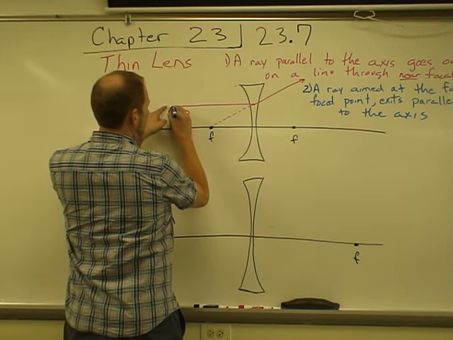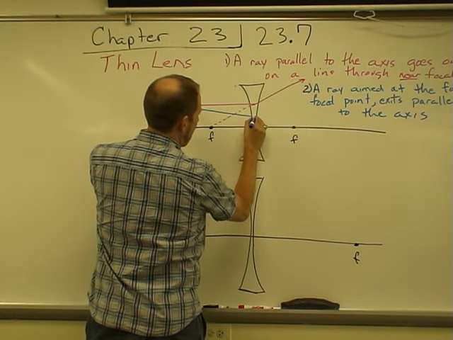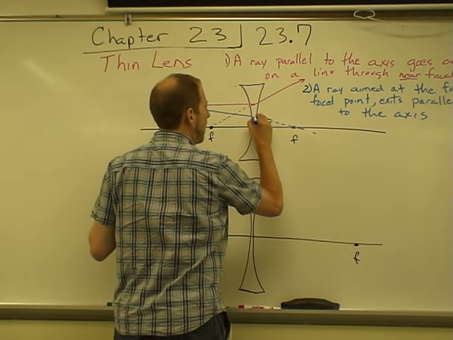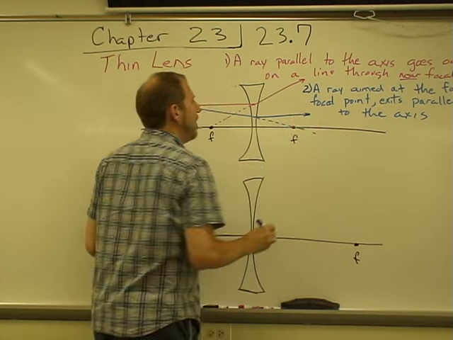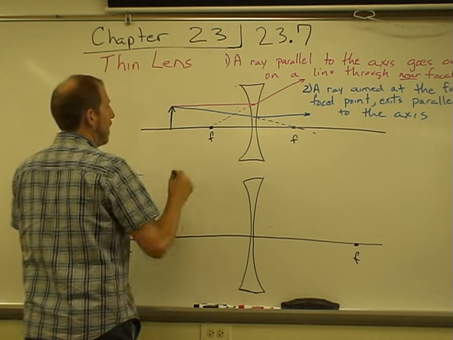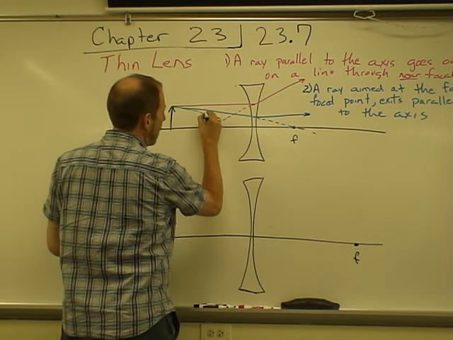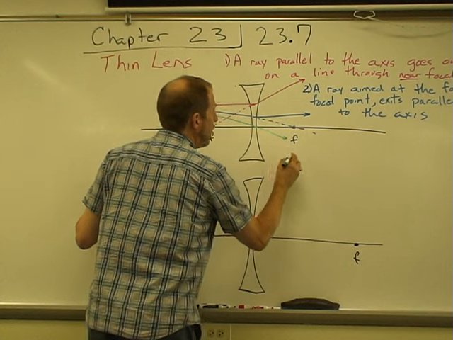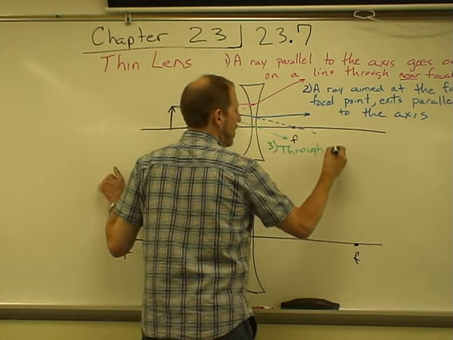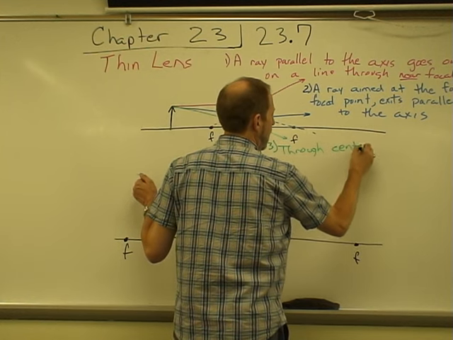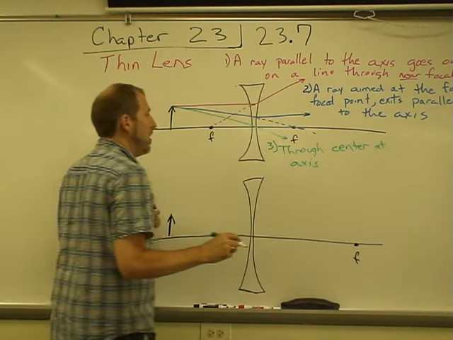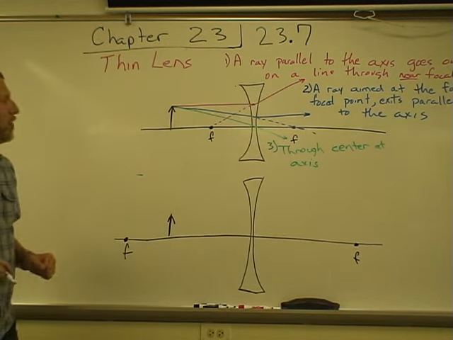So I've got something aimed at the far focal point that leaves parallel to the axis, and then the third ray, through the center of the lens on the optical axis, goes through undeflected.